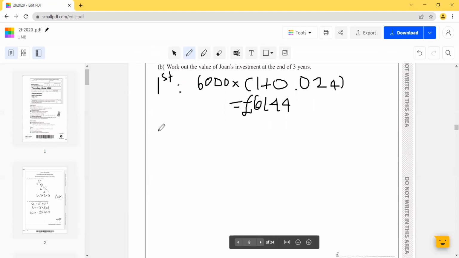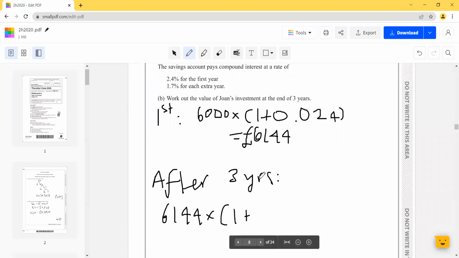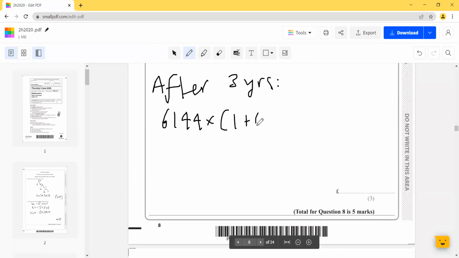So 3 years total, right? So after 3 years, if you want to work out the value, here's what we do. We take 6,144 and we multiply it by 1 plus, now this time it's 1.7%, so it's 0.017, and the power of 2, because it's 2 for 2 years.